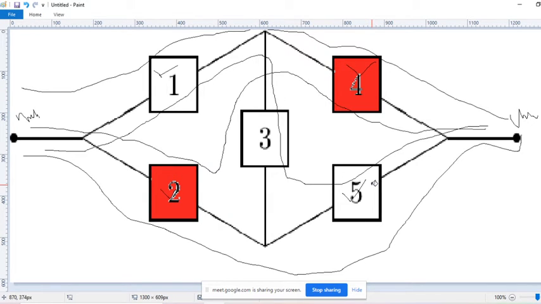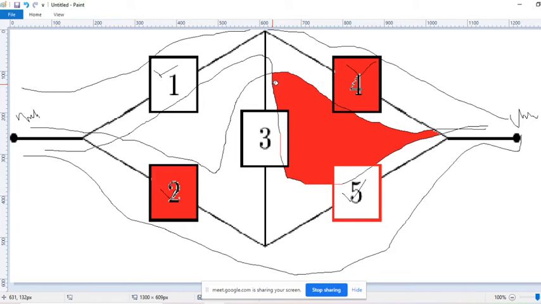Okay, this is the path of the signal, 1, 3, 5. This is called a path of the structure function.